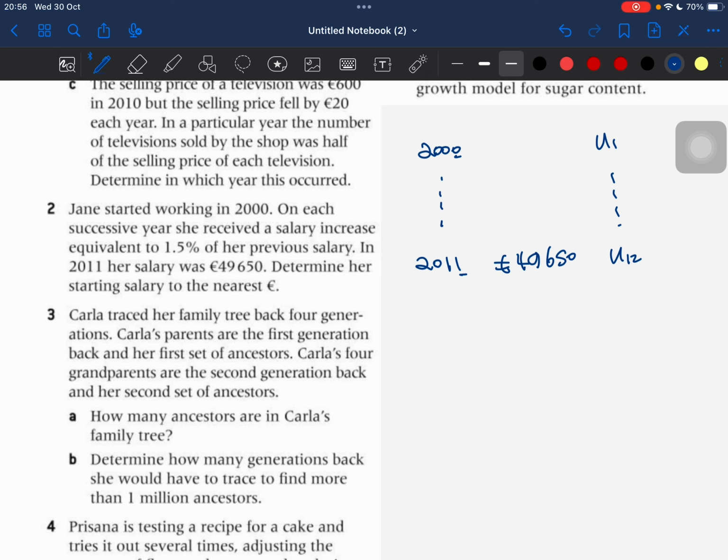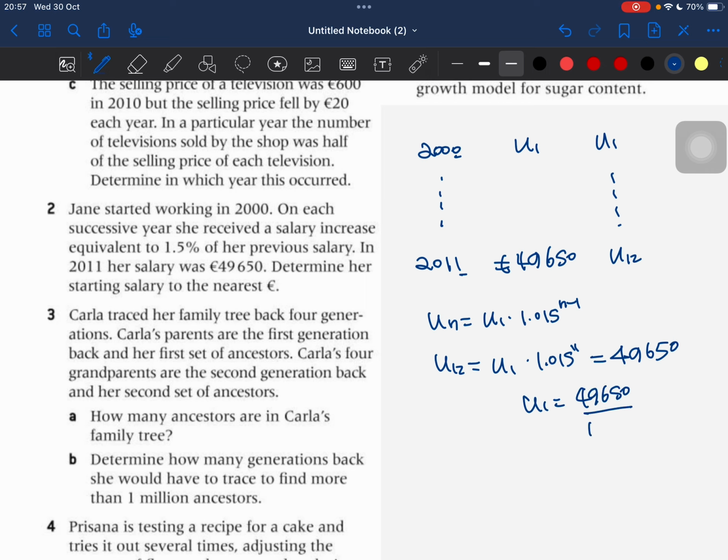So this is the question. We don't know what the first term was. So let's say Un equals U1 times r, which is 1.015, to the power n minus 1. So U12 is U1 times 1.015 to the power 11, which becomes 49,650. So U1 is 49,650 over that.